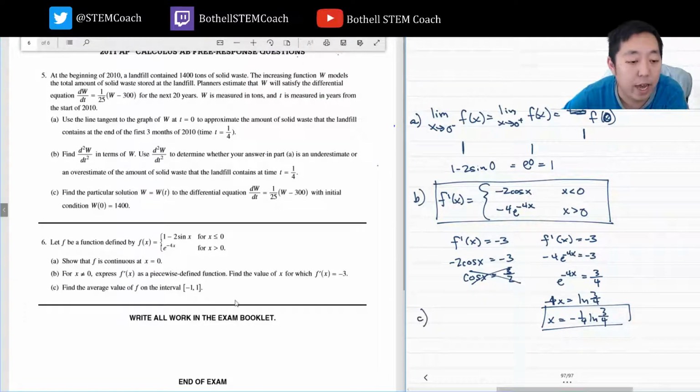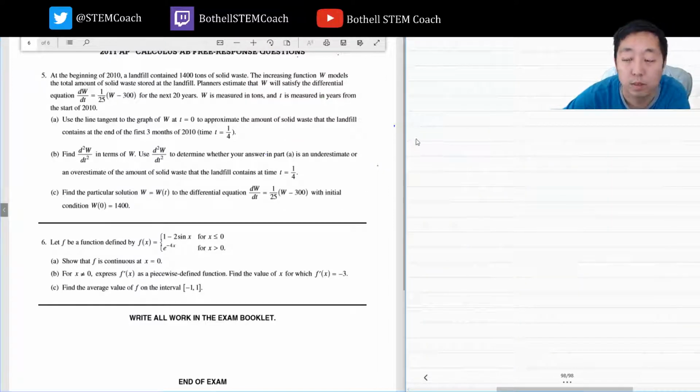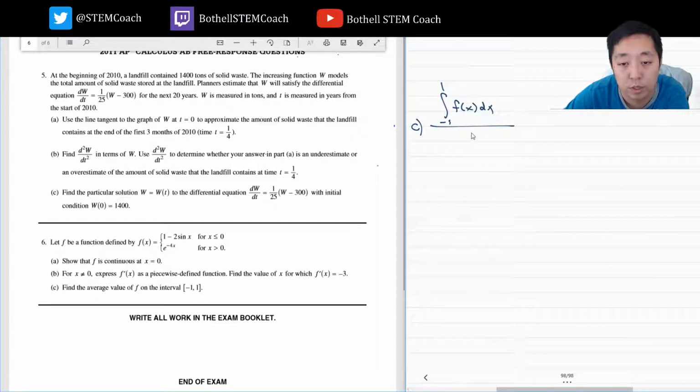And then find the average value of f. Okay, here I have to do the average value. I have to integrate from negative 1 to 1 of f of x dx. Let's do it on the next page. So for the average value, I want to integrate from negative 1 to 1 of f of x dx, and divide by the width of this interval, which is 2, 1 minus negative 1.